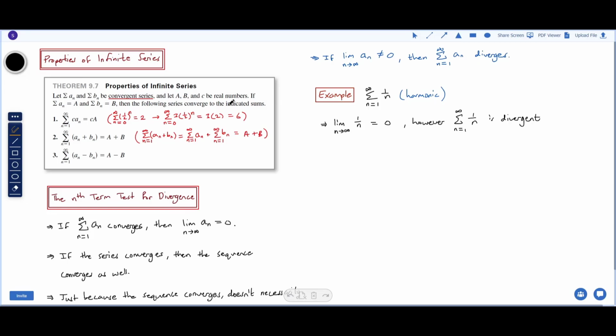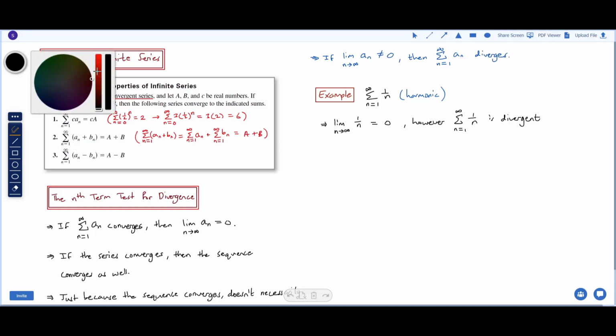Okay, so what this means is we can always check for divergence by taking the limit of the sequence to infinity. If that limit is non-zero, then the series diverges.